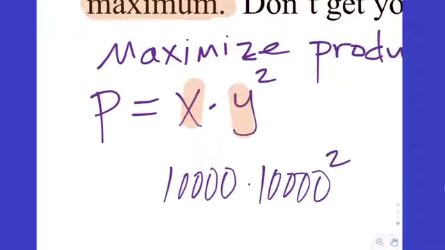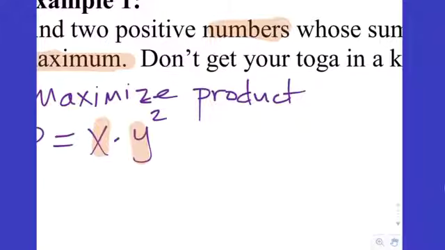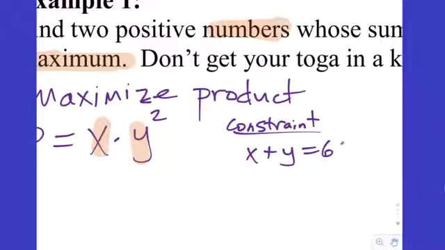Those aren't going to be numbers that work, because what's the constraint? They got to add up to 60. Oops, okay, I forgot about that. So that's the constraint. You're trying to find the biggest product with the condition, and I'm going to go ahead and call this the constraint equation, the fact that the two numbers have to add up to 60.